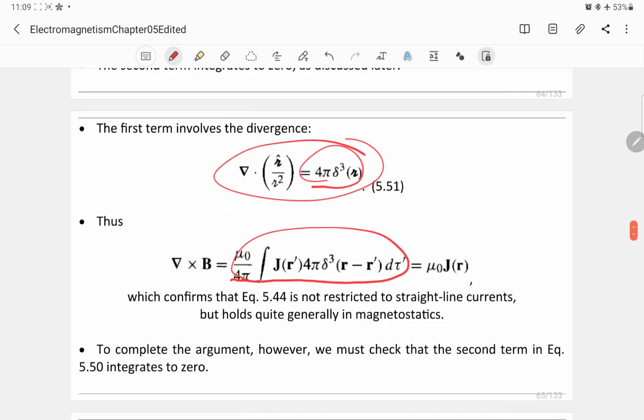So the integral of this, when your function J of r is a function of r, by virtue of the Dirac delta property, therefore your curl of B is not equal to 0, and it's just equal to mu J of r, the current density J. So it's not 0, so therefore, using your right hand rule, of course, the magnetic field curls around the current source. So it's not equal to 0.